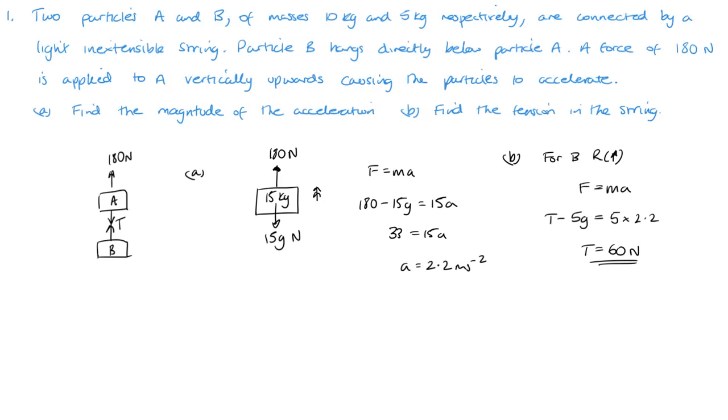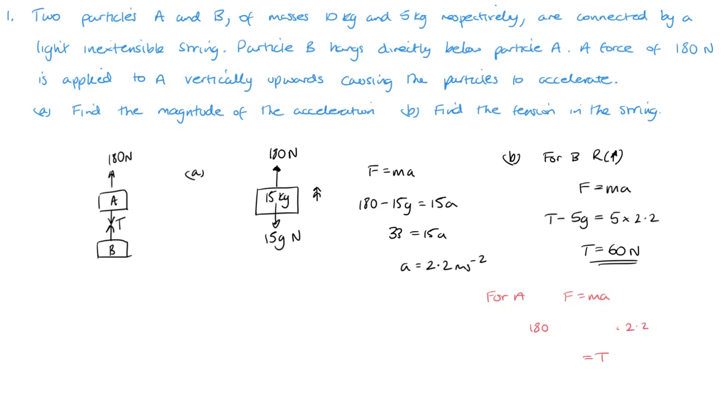If I, for example, did it with A, then I've got 180 minus T equals 10 times 2.2. Okay, and 10 times 2.2 is 22.